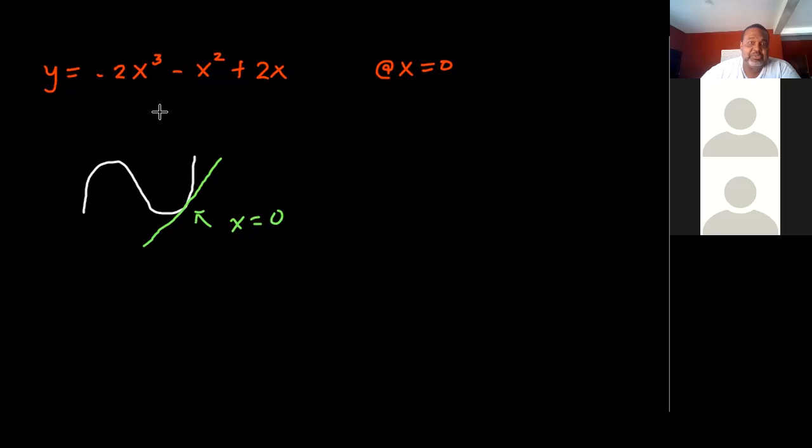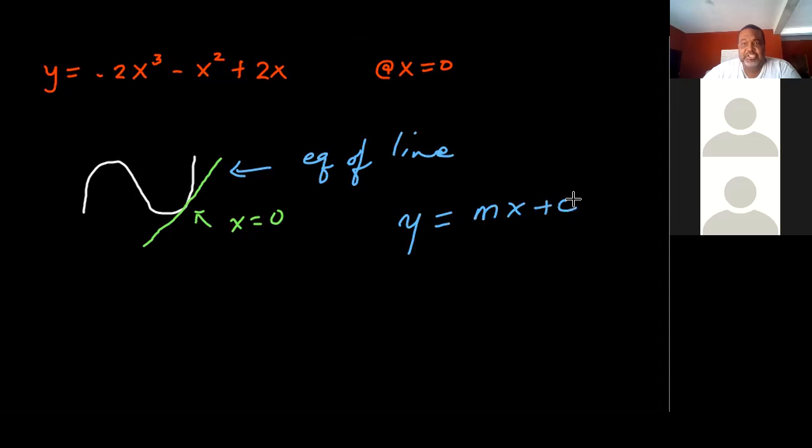You're being asked to find the equation of this tangent line. This tangent line is just a line, so it's a linear function, and we represent linear functions like this: y equals mx plus c. So our answer when we're done with part A has to resemble this.